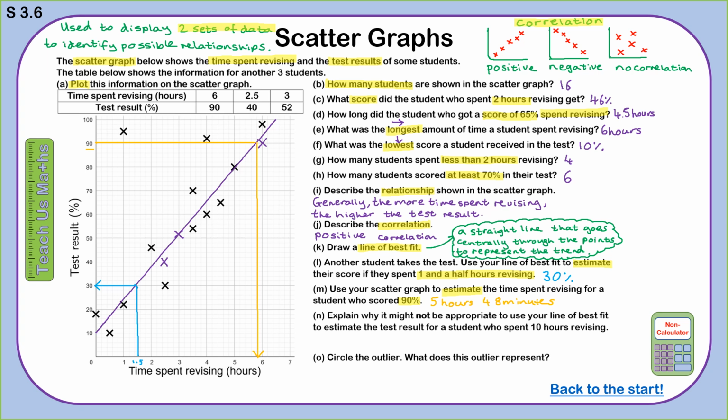So although part L and part M are still estimates, they are quite reliable estimates. This is because we are using the line of best fit, and this takes into account the general trend of all of the data, or all of them except any outliers, which we'll talk about in a moment, rather than looking just at individual points of data.